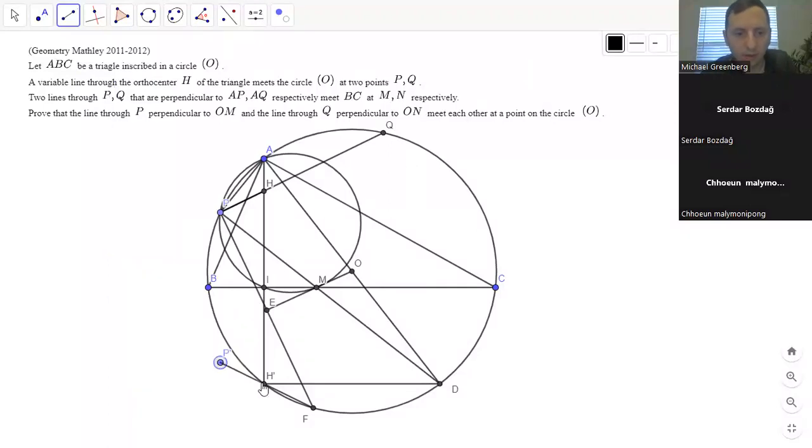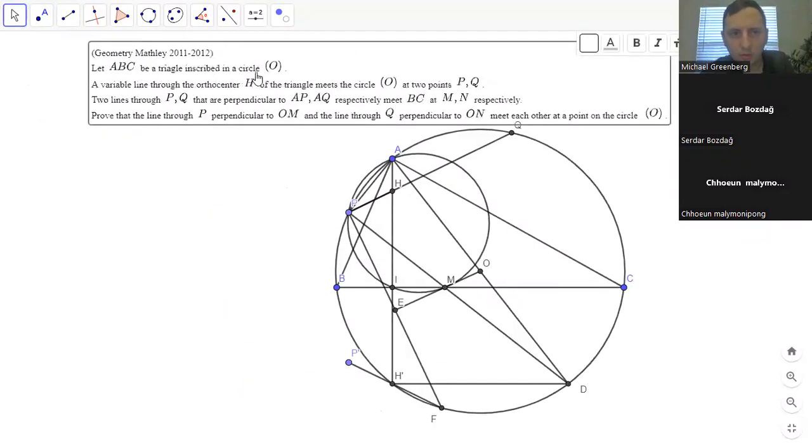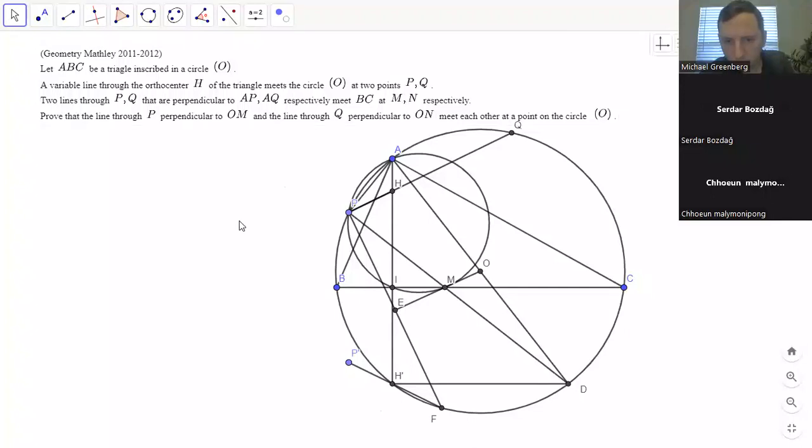Okay, so we prove that triangle PH prime H is similar to ODM. We write the ratio. We want to prove that H prime P over H prime H equals DO over DM. If we divide both sides by 2, then we want to prove that H prime P over H prime I equals DA over DM.